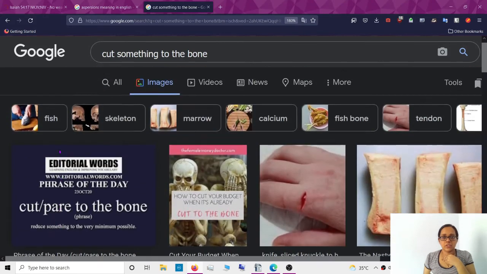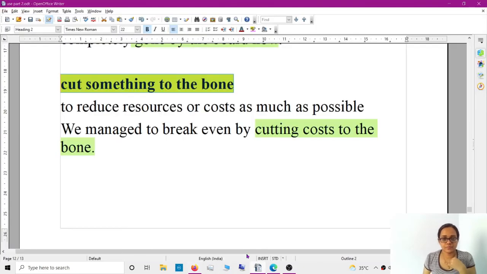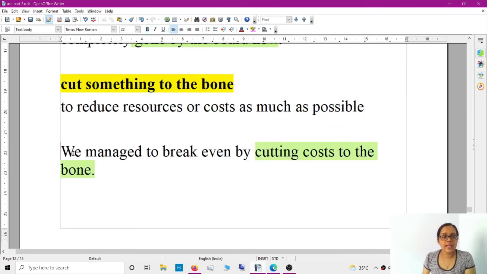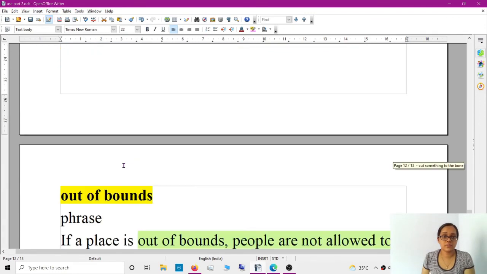We managed to break even by cutting costs to the bone.